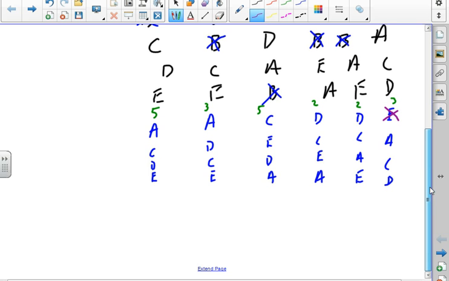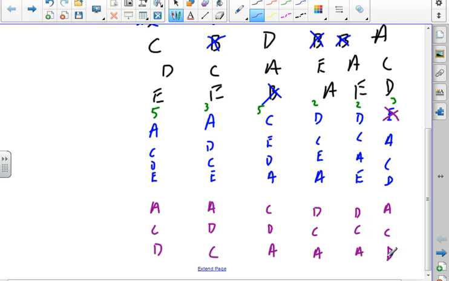Okay, now we're going to draw the table again with E eliminated. A, C, D; A, D, C; C, D, A; D, C, A; D, C, A; C, D. Oh yeah, so A has 11 votes.